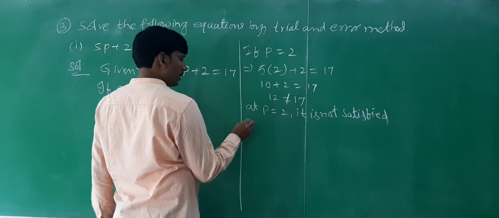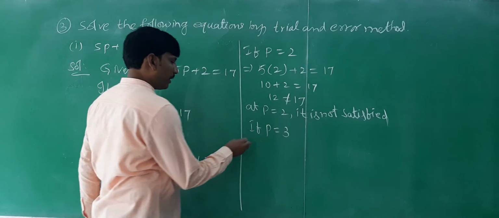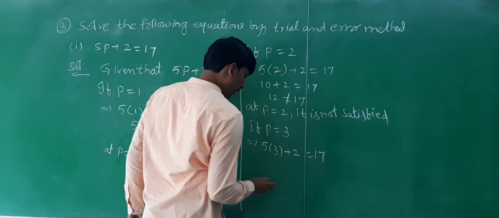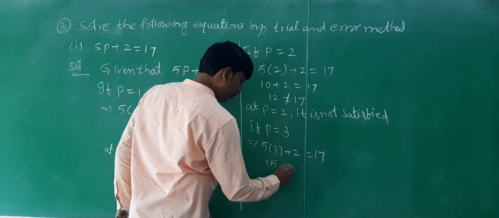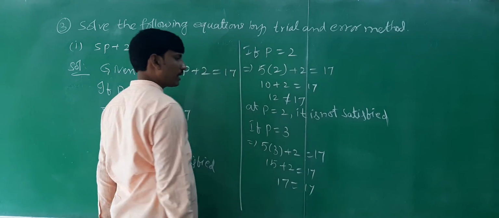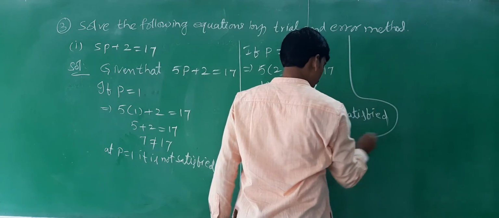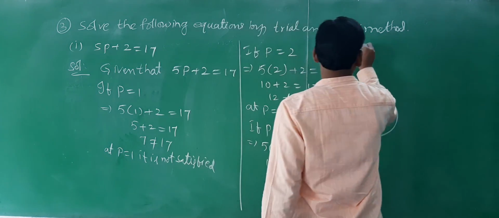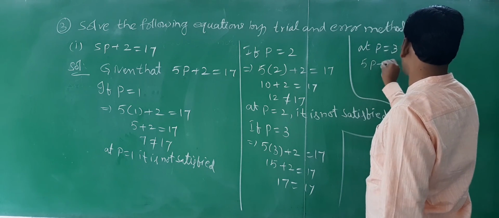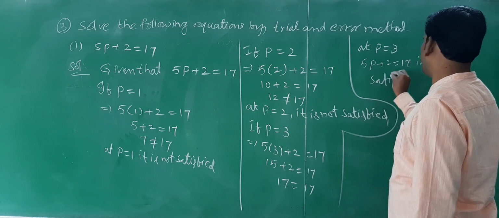Next, third case: if p is equal to 3, what will happen here? 5 into 3 plus 2 is equal to 17. 5 3s are 15, 15 plus 2 is equal to 17. So 17 is equal to 17. Yes, at p equal to 3 the given equation 5p plus 2 is equal to 17 is satisfied.